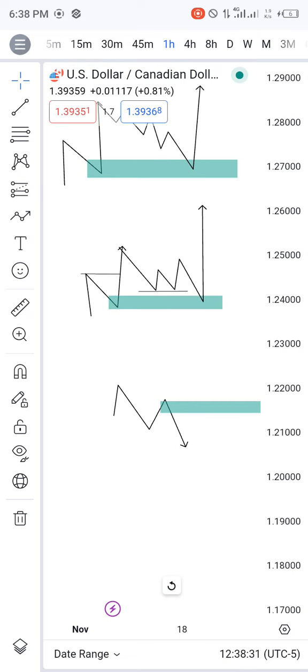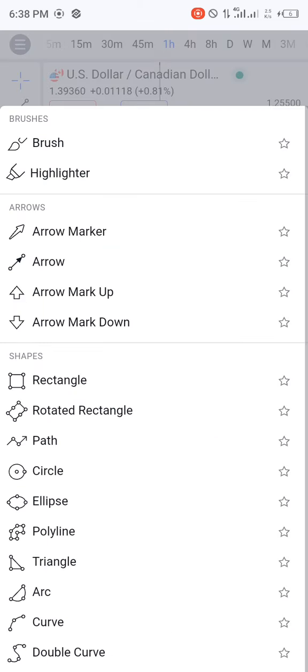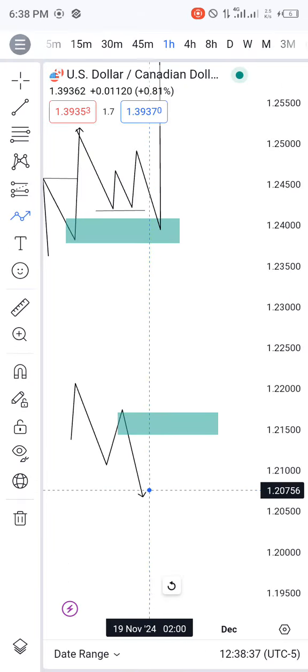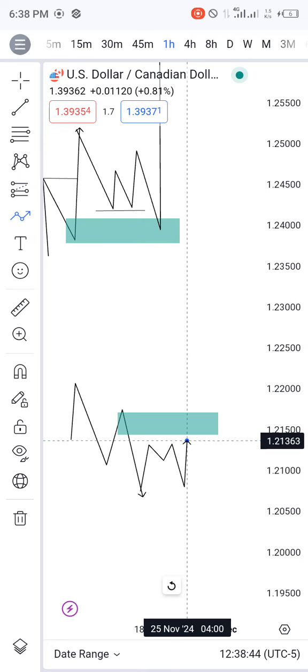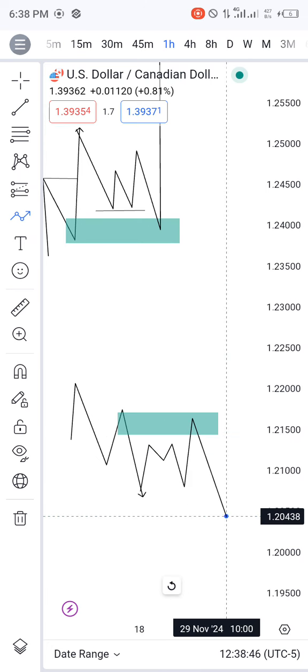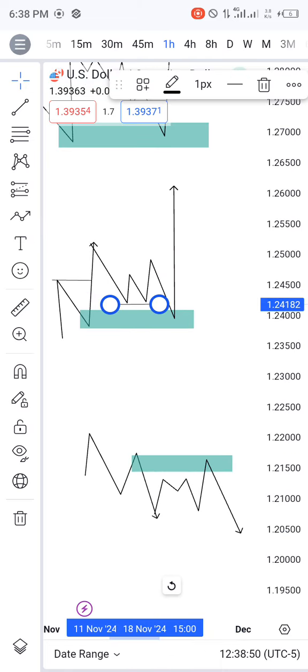So market can come back and do something like this, form a double top here, then take the double top out and hit your TP. So these are the different types of liquidity that we have. Okay, be watchful. Be watchful, please.